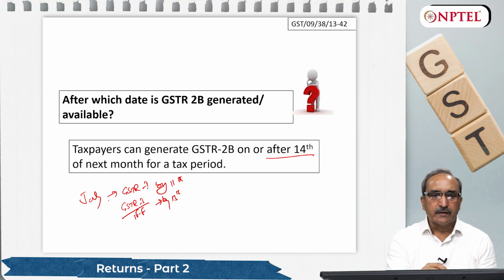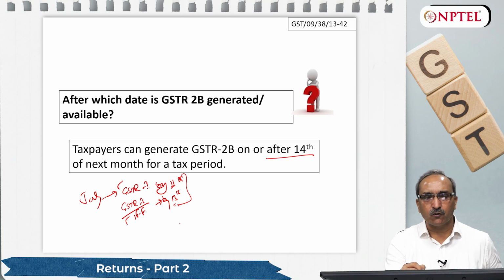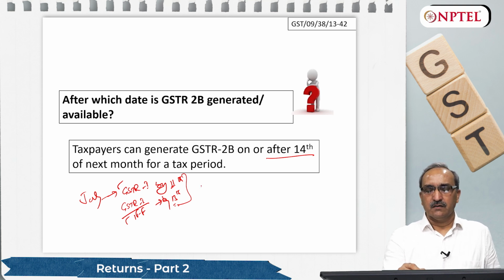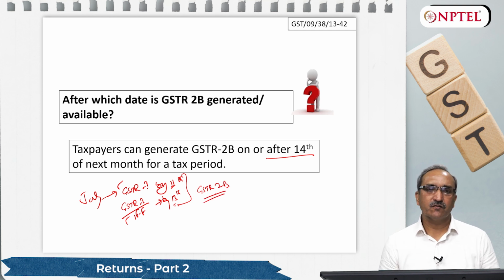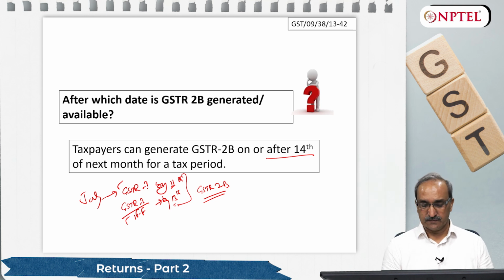So regular dealers can file their GSTR 1 or IFF. GSTR 1 can be filed by 11th, IFF can be filed by 13th. So after having these two statements or returns filed on the GST portal, GSTR 2B is generated for the buyer so that he can work out his ITC.